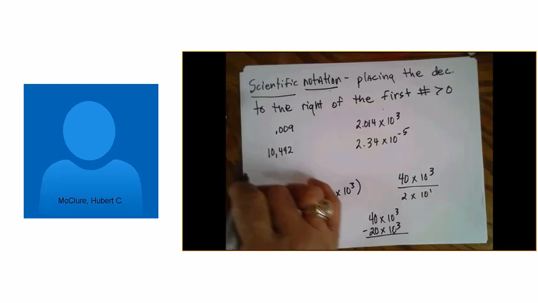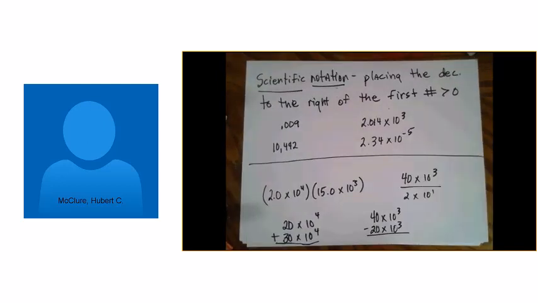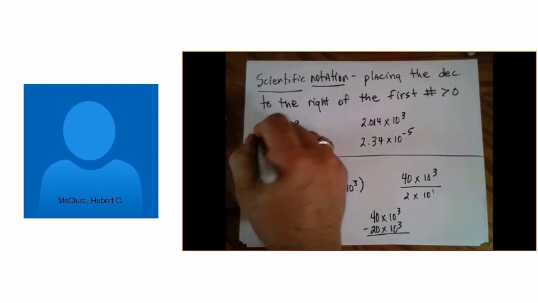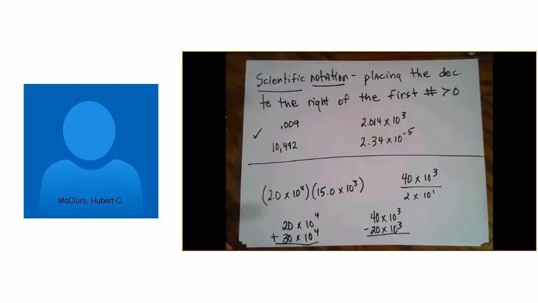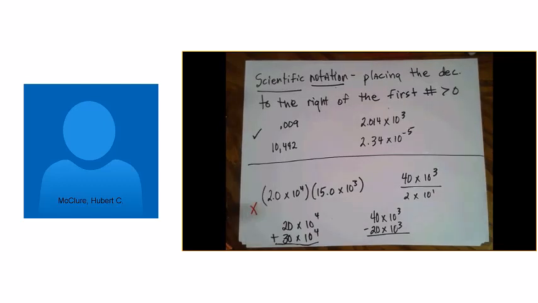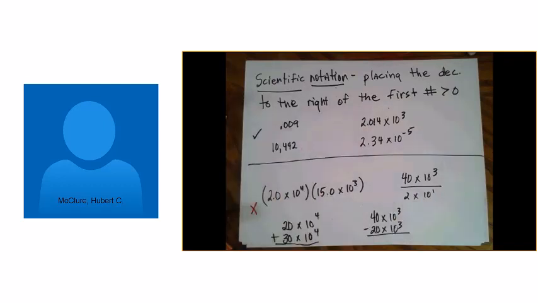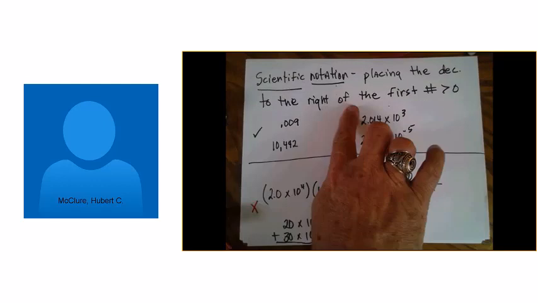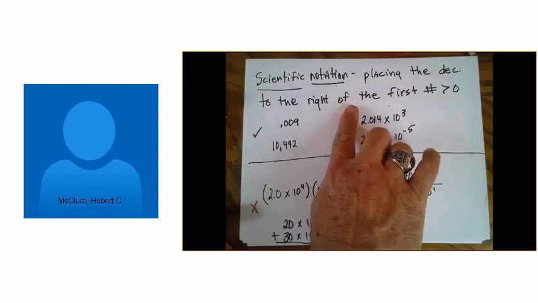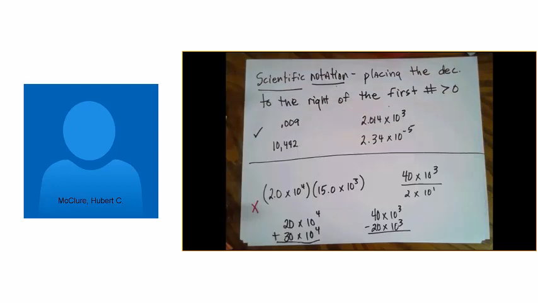These are the ones that students really struggle with. So most students can do the first ones, but the ones students really struggle with are these. My job is to make sure y'all know how to do all of it. And the first step is you got to know the definition of scientific notation. Placing the decimal to the right of the first number greater than 0.